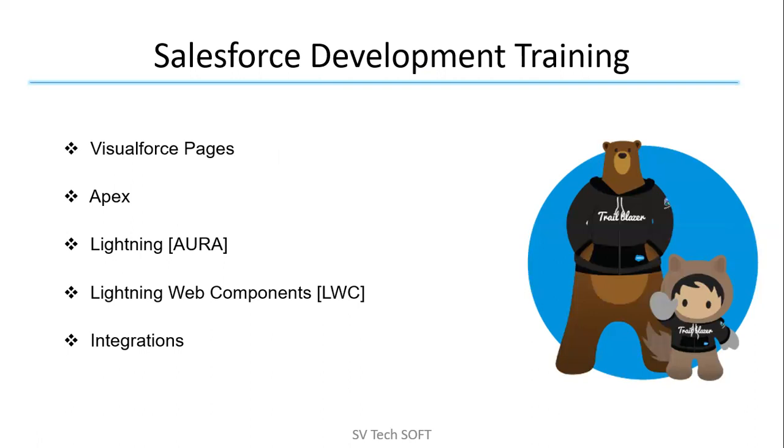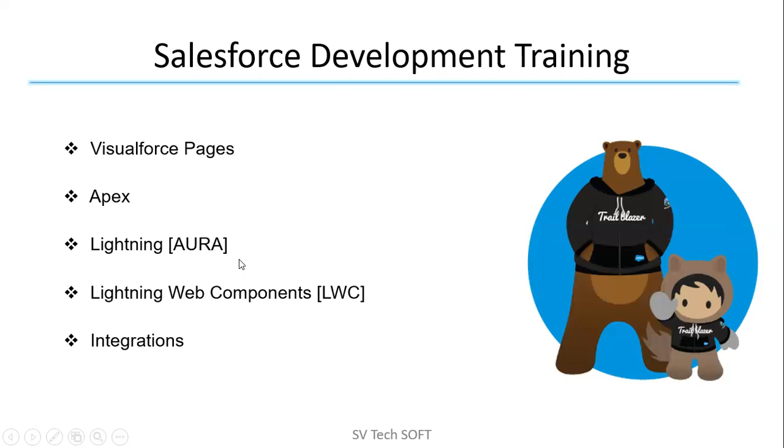Once we complete Apex and everything, we'll go for Lightning. First of all, we will teach the Lightning Aura component. Aura is a component based framework. Before LWC, Aura came in the year 2015.